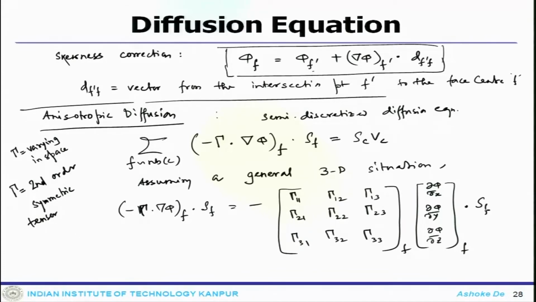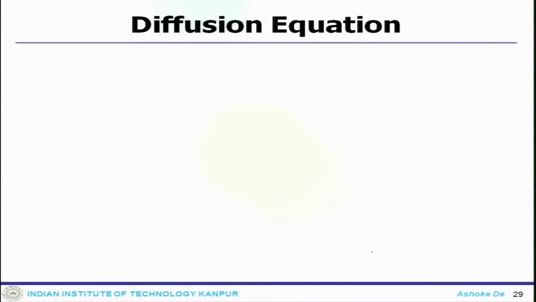So in a generic 3-dimensional system, gamma is a tensor.